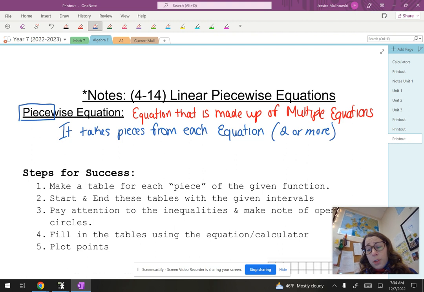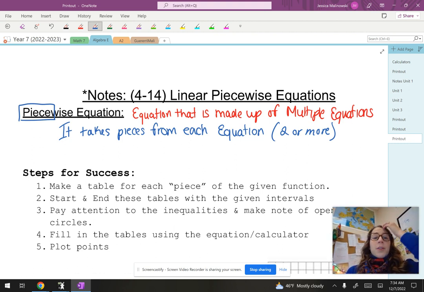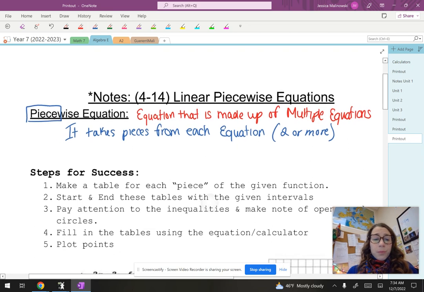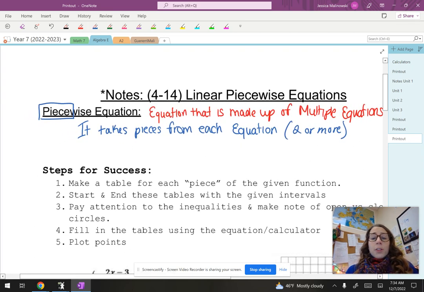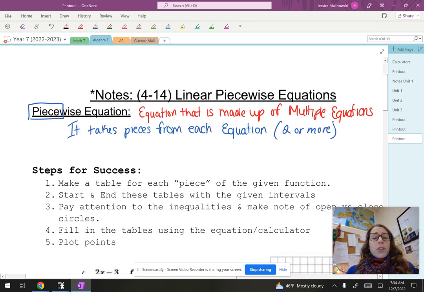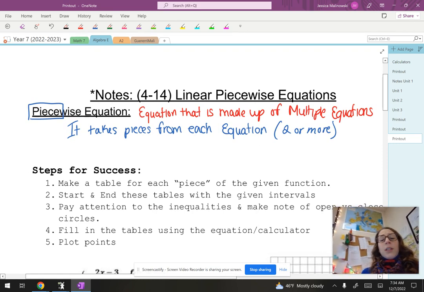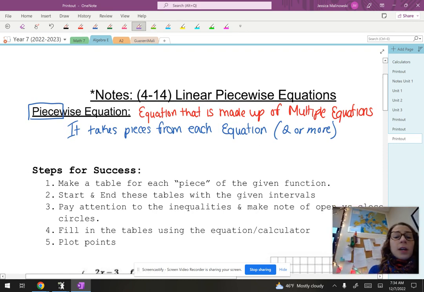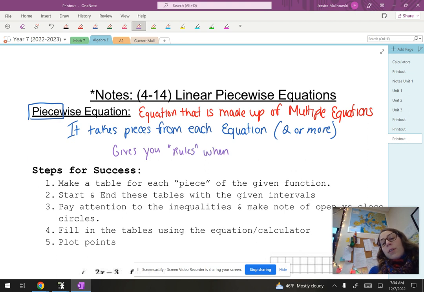Mostly you're going to run into two different equations, but there will be some incidents where we see ones with three. Okay, so an equation that's made up of multiple equations, it takes pieces from each equation. And just a little extra thing to add in there, it gives you quote unquote rules for when to use each piece.